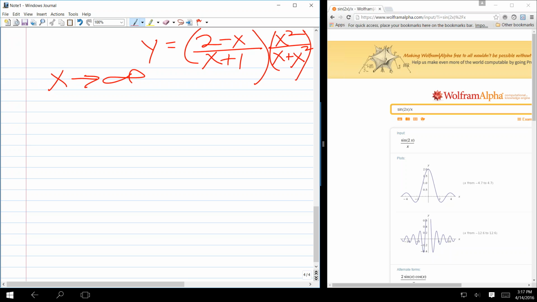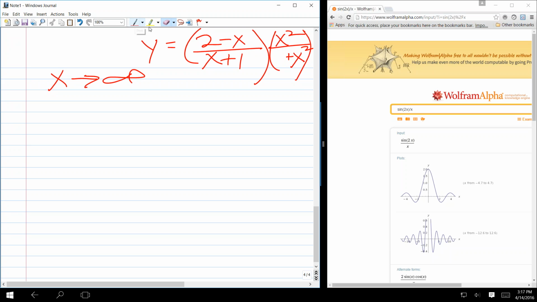Like that? Yes. Oh, the bottom one on the right is actually 5 plus x squared. I was looking at the wrong one. Okay.